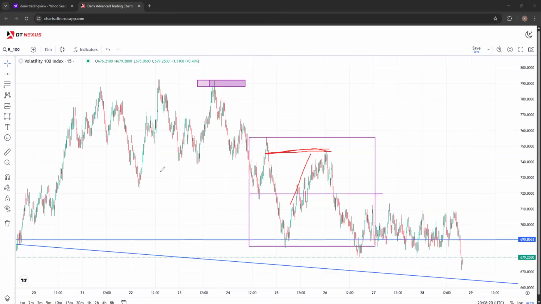What I can say is the best time frame to enter trades, the default I can give you, is M15. Always, I can give you that as a default.